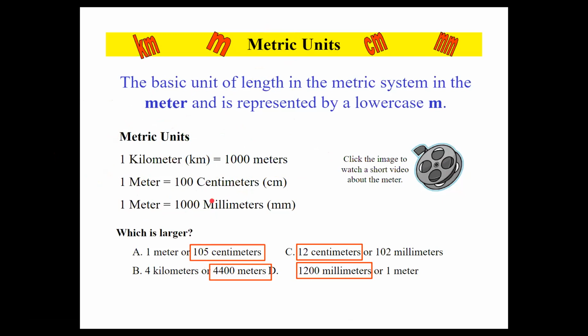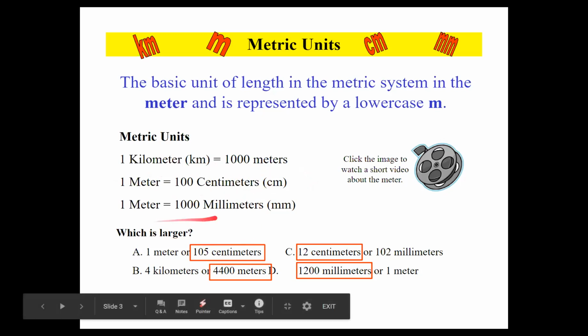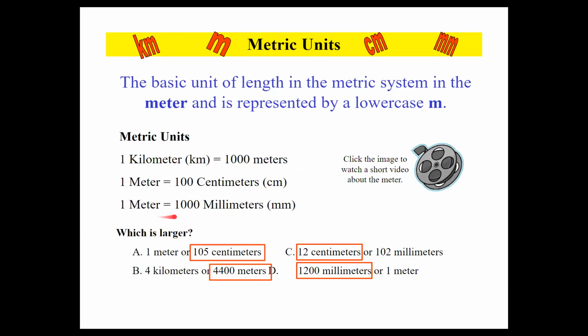In one single meter stick, we have 100 centimeters. You notice we still have our meter in there. Or if we go even smaller, there are 1,000 millimeters in a single meter stick.